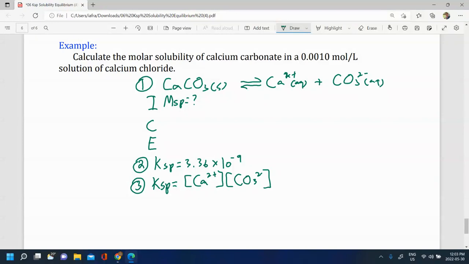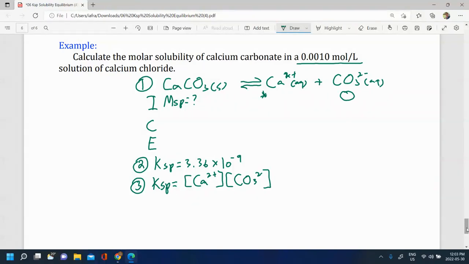Okay, now how is this a little bit different from the previous question? Notice the question is saying here that you have 0.001 mole per liter solution of calcium chloride. So this question is a bit different because you don't start off with 0 of each of the ions. You'll have 0 of the carbonate, but not 0 of each of the ions. You have some calcium in the solution already.